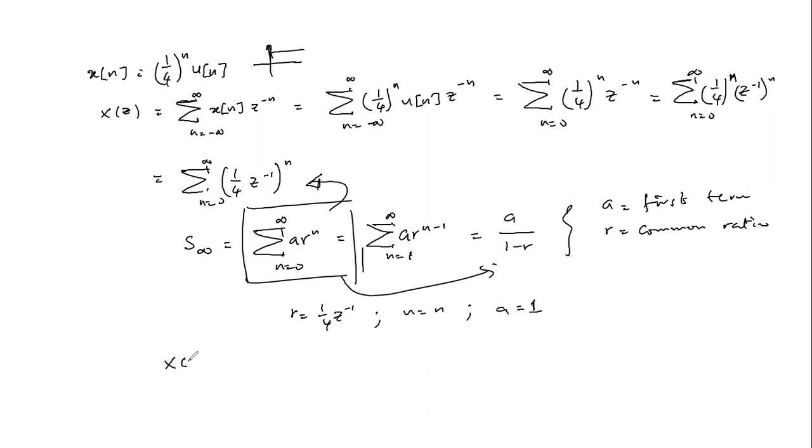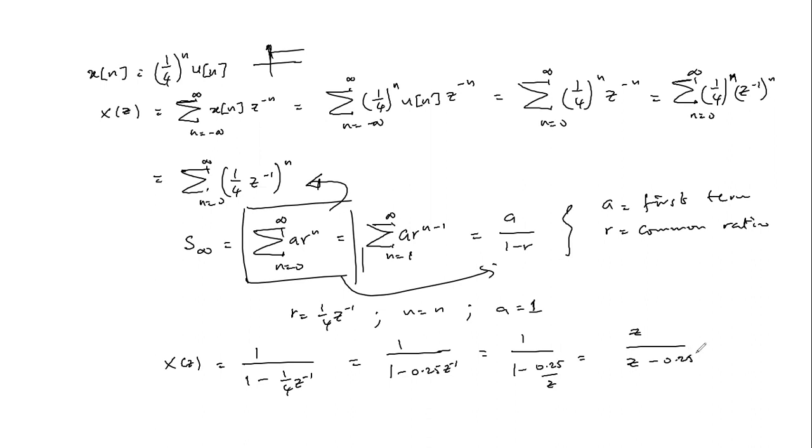So if we plug this in, the transform s of z will become 1 over 1 minus 1/4 z^(-1). 1/4 is 0.25, so this is 1 over 1 minus 0.25 z inverse, which is the same as z over z minus 0.25.